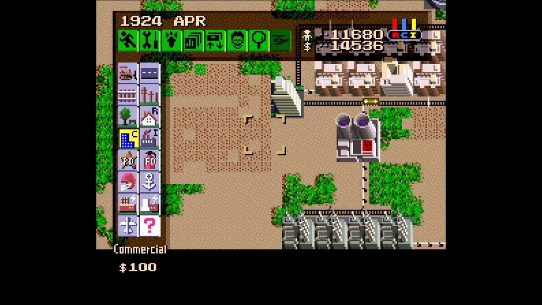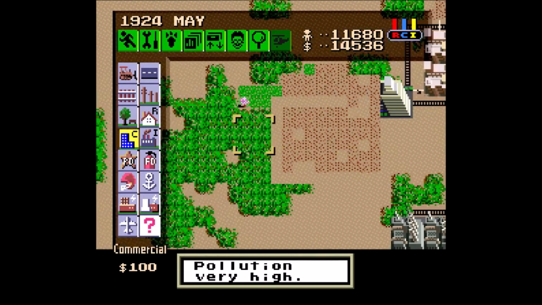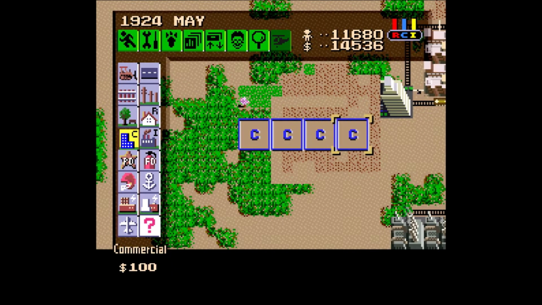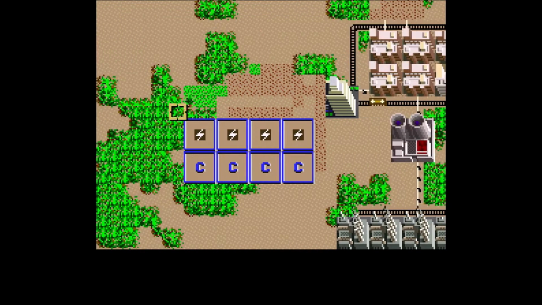If this bar gets to halfway or lower, it's in prime position to lower the development of other commercial zones to try and balance this back out. So let's just build way too many commercial zones just to show you.